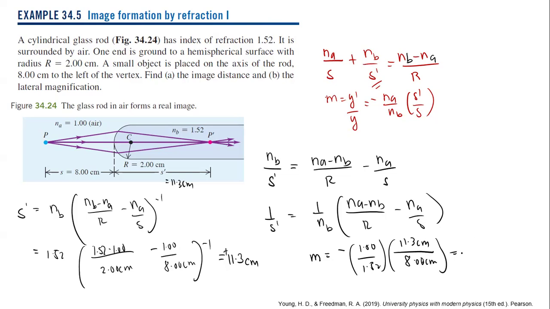This is negative 0.929. Okay, that's the lateral magnification.